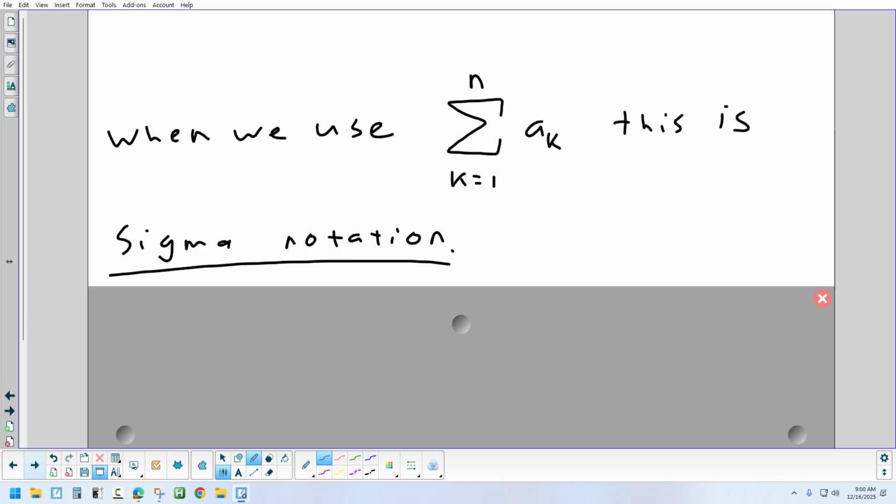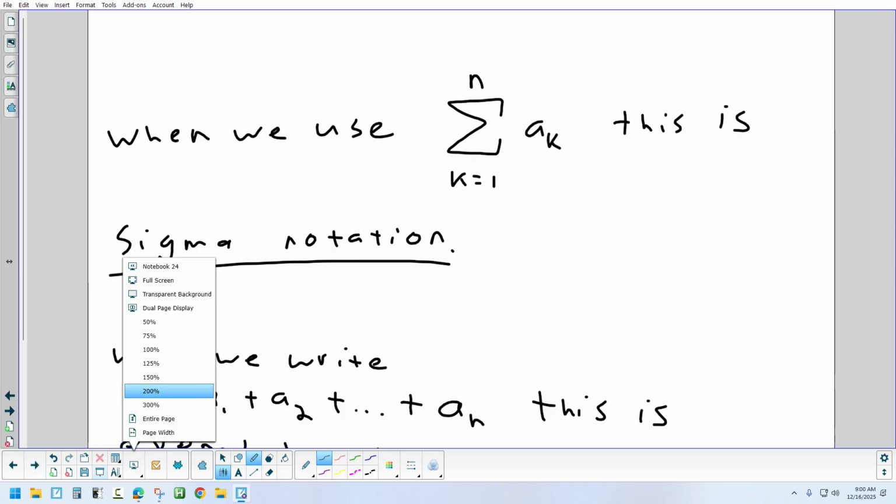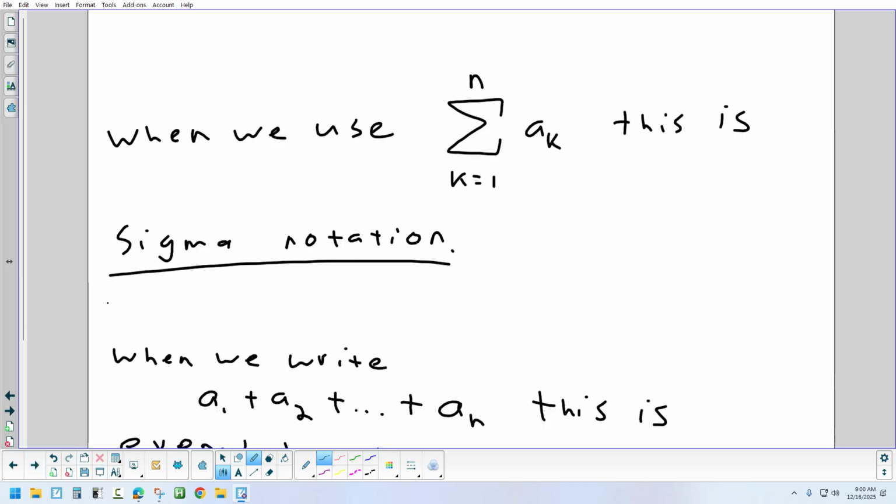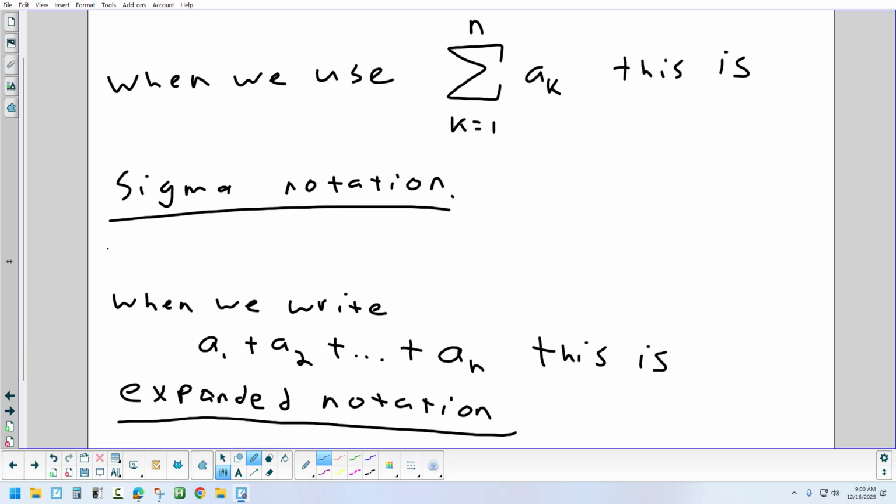All right, actually, that's what I just told you a second ago. When you write something in with that capital Greek letter, that's called sigma notation. And then if you actually do it out like we did, that's called expanded notation. Okay, I wouldn't ask you to expand something that's that huge.